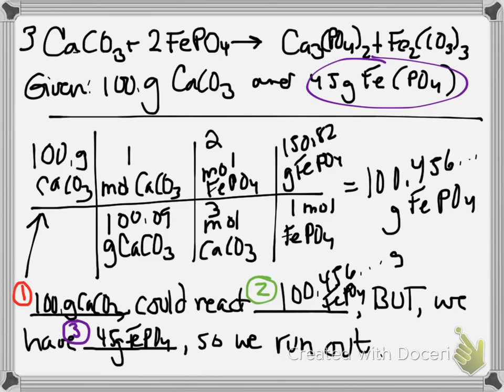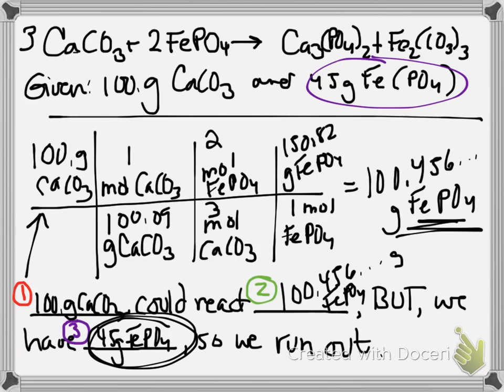So we now know what our limiting reactant is. Which one's our limiting? Iron phosphate, iron 3 phosphate. This is our limit because we're going to run out of it. When the 45 grams of iron phosphate is used up, the reaction stops.